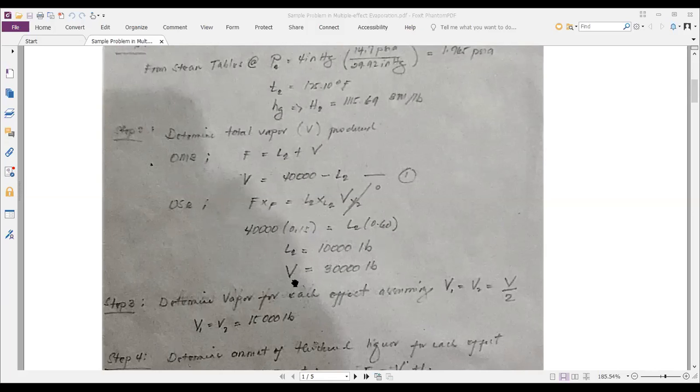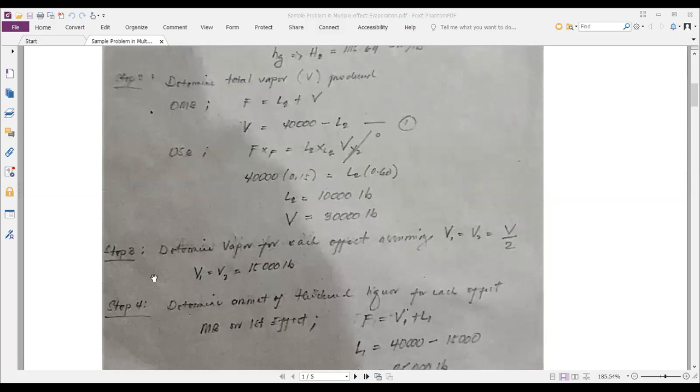Okay? Now, the total water evaporated, that is the water evaporated by effect 1 and 2, is 30,000, subtracting 10,000 from 40,000 based on equation 1. So you have already this one. That is step 2. You determine the total vapor produced. Now, step 3 is your first assumption.